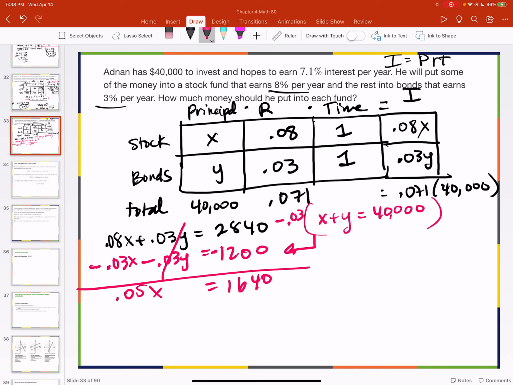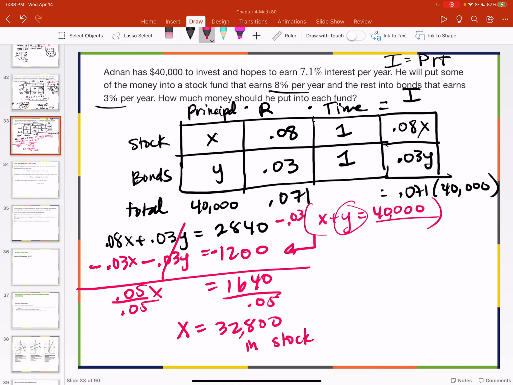So then we divide 0.05 to both sides. X is equal to 32,800. Okay, so that's the amount invested in stock funds. Then to find the other one, we need to find y.